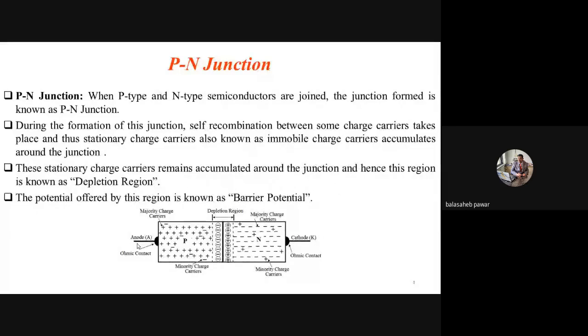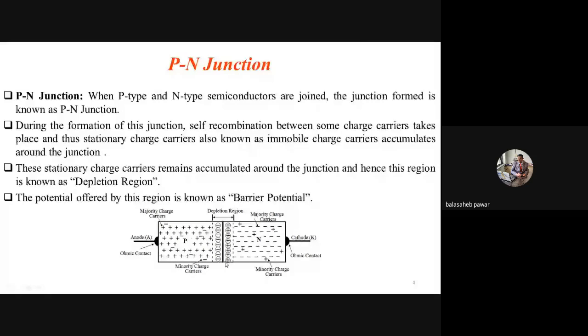See, in the diagram I showed here, I tried to show the majority as well as minority charge carriers. Is it visible to all? The left side is the p-type semiconductor, doped with a trivalent impurity, and the right side is the n-type semiconductor.